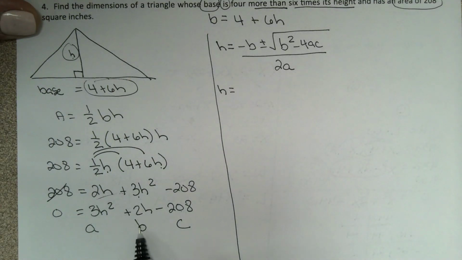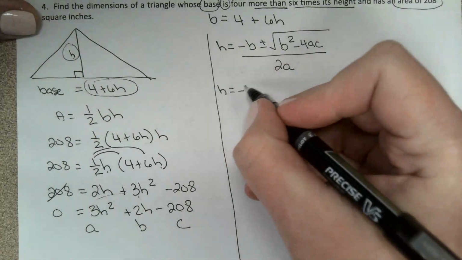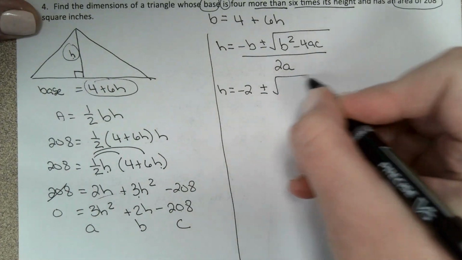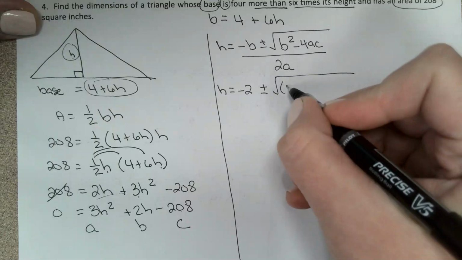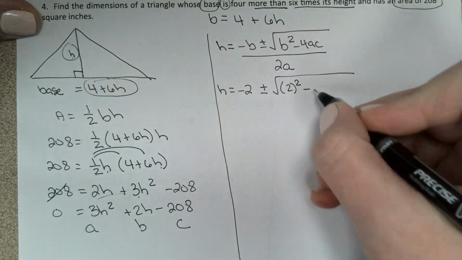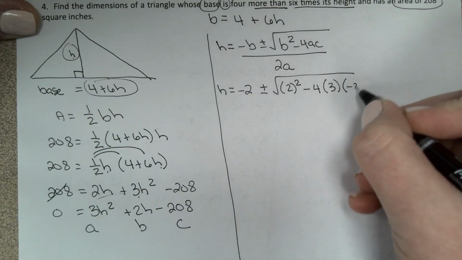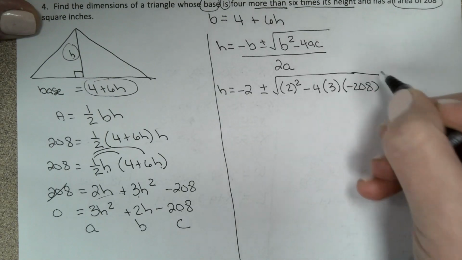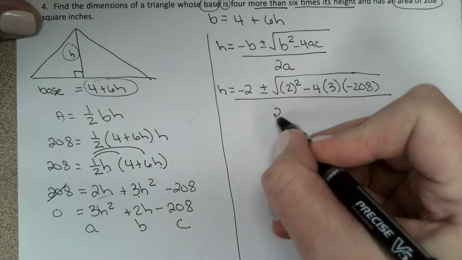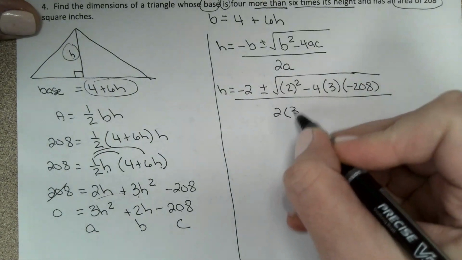All right, so it says the opposite of b, so I'm going to start with negative 2. Your b squared is 2, so 2 squared minus 4. Your a term is 3. Your c term is negative 208. And your a term is 3.